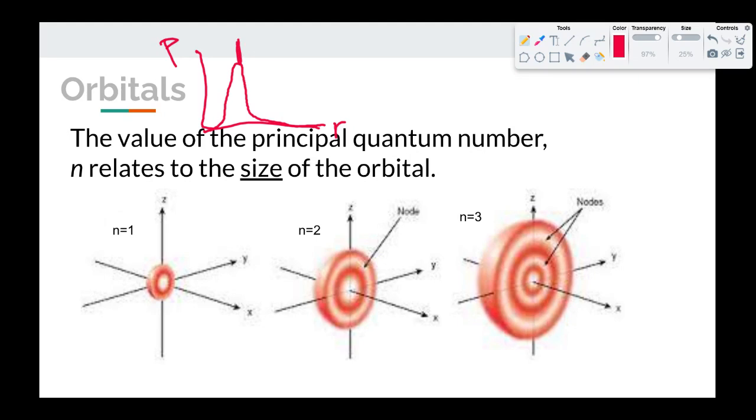In fact, that corresponds really precisely to what Bohr figured out for his orbit radius for n equals 1. Now, Bohr's mistake was that he assumed that the electron was always in that orbit, and the reason it made sense was because the electron is most likely to be in about that area.